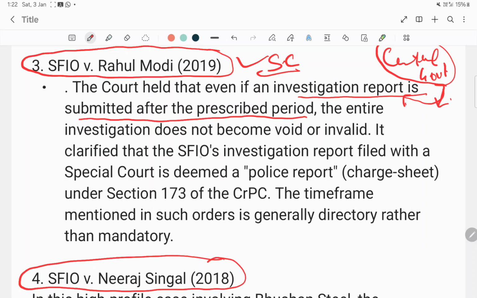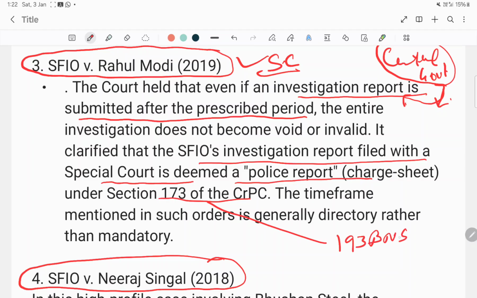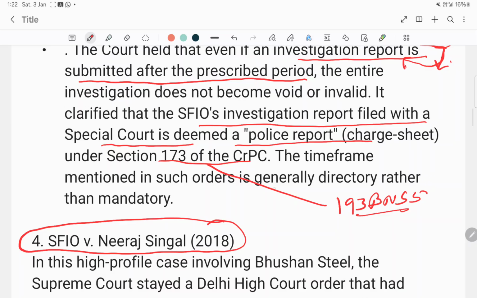It also clarified that the SFIO investigation report filed with the special court is deemed to be a police report, a charge sheet under Section 173 CrPC, which is Section 193 BNSS. The time frames mentioned in such orders are generally directory rather than mandatory.